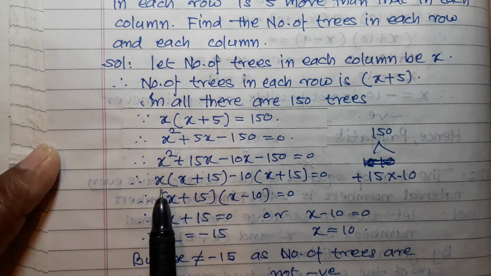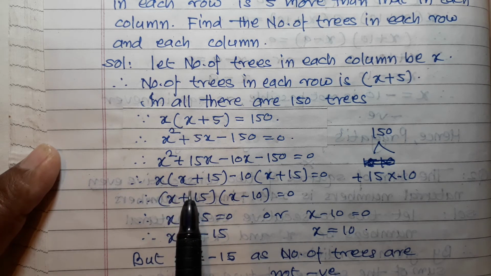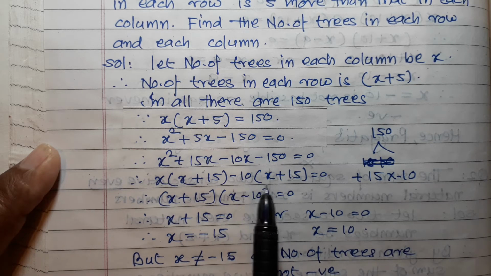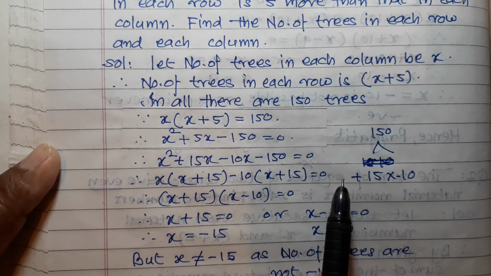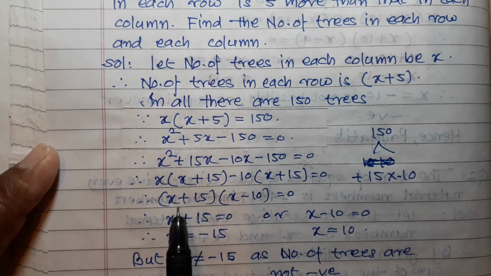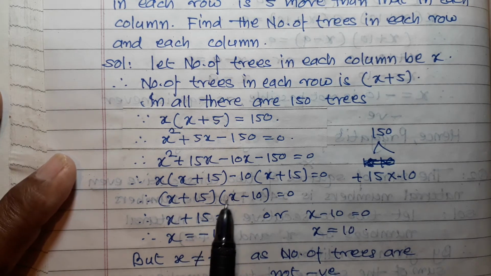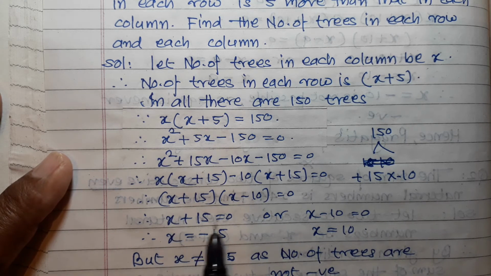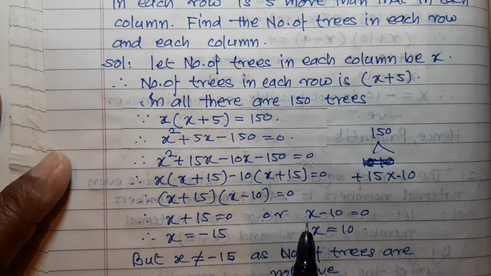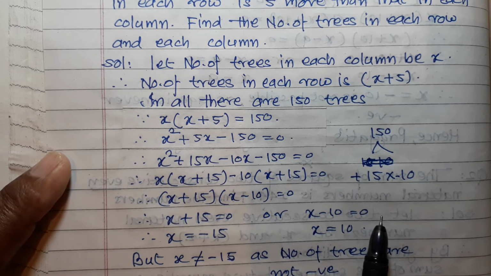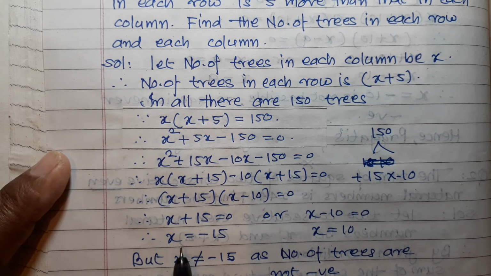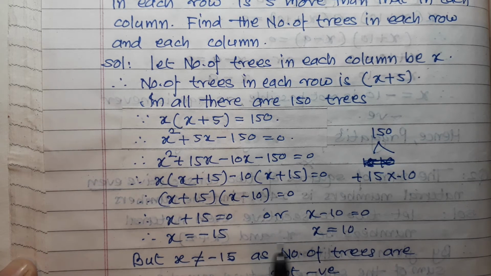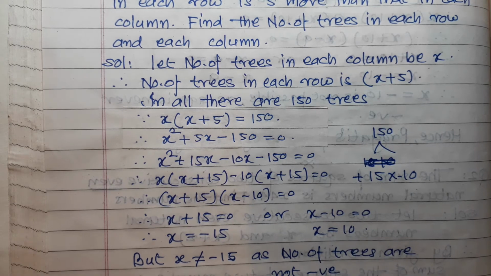From this group you take x common, x into bracket x plus 15, minus 10 into bracket x plus 15 is equal to 0, and therefore x plus 15 and x minus 10 is equal to 0. Therefore x plus 15 is equal to 0 or x minus 10 is equal to 0, and therefore x is equal to minus 15 or x is equal to 10.